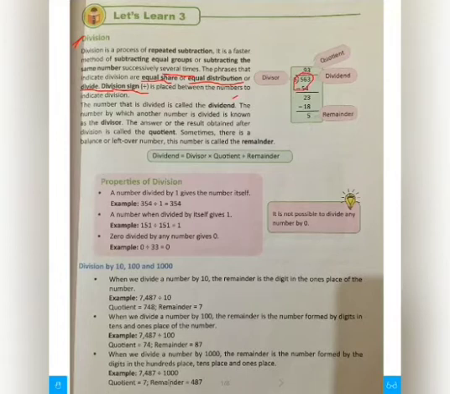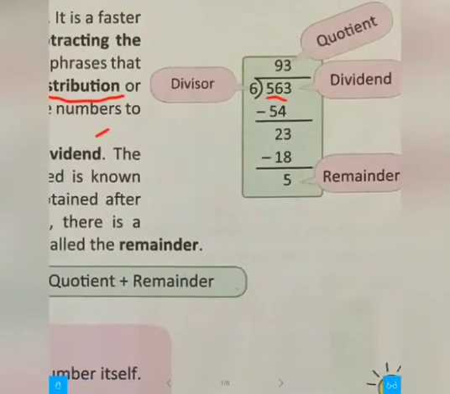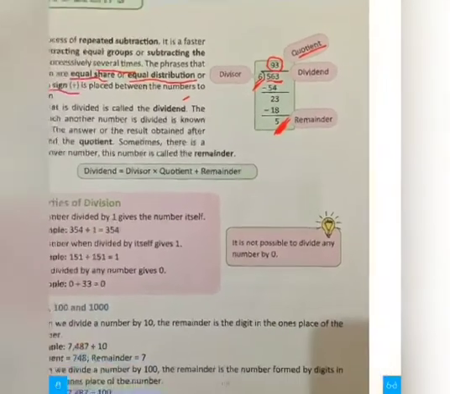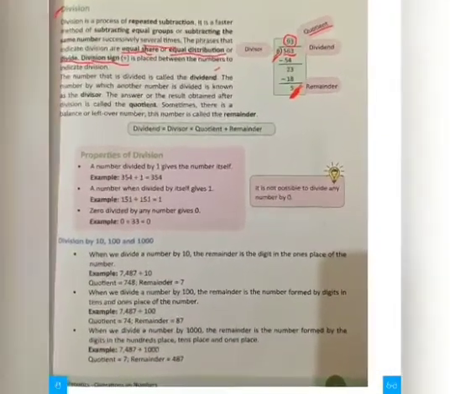If I am dividing this number by 6, it means this is the dividend, but this is the divisor. You can read over here. The answer which we come through is our quotient, and the remaining part which remains at the bottom is the remainder. So these are the terms which you have to know anyhow.